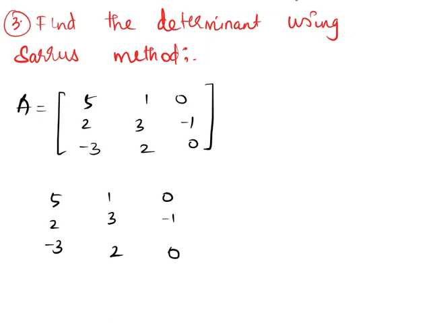Again repeat two columns again. So here 5 2 minus 3, 1 3 2.